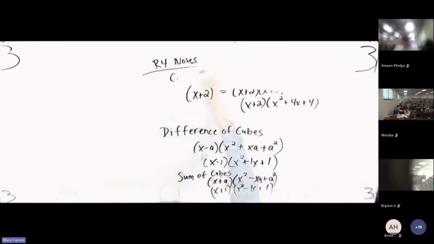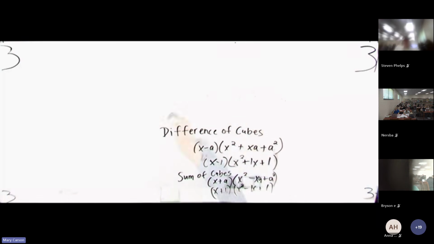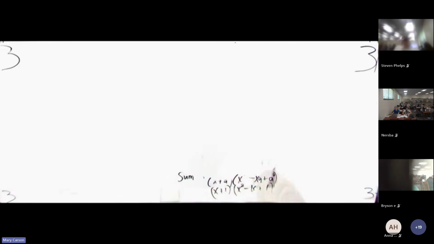Now, if you guys look in Moodle, there is a factoring cheat sheet that I posted. I would print that out because I think it's helpful. Let's take a look at it real quick. Let's see if I can share this and come back. All right, let's see.